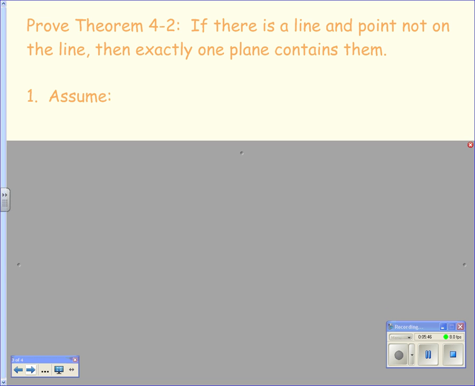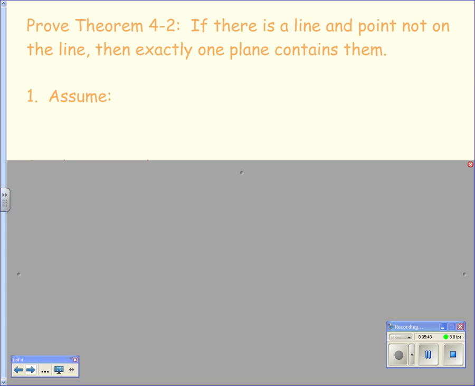Okay, so first you do your assume. And I want you to write one and then assume so that you remember what step one is. What are we supposed to assume? What are they wanting us to prove? That theorem 4-2, right? So what do we say?